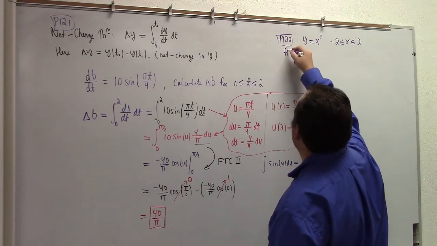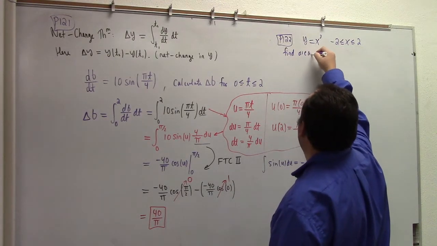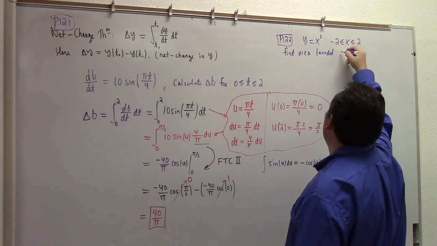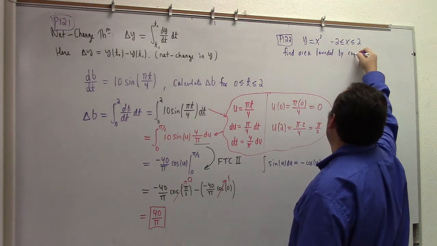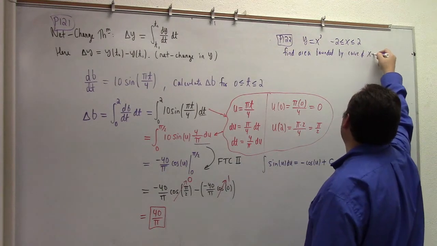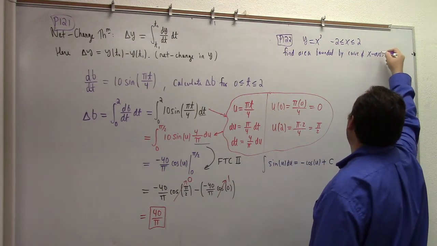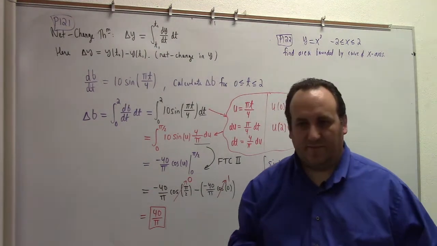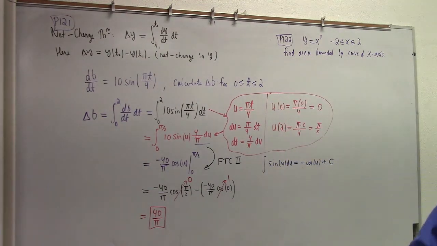I should probably say area bounded by the curve and x-axis, because you could complain my current instructions are ambiguous, since there really isn't an area bounded by y equals x cubed. So what I intend is the area between y equals x cubed and the x-axis, right?